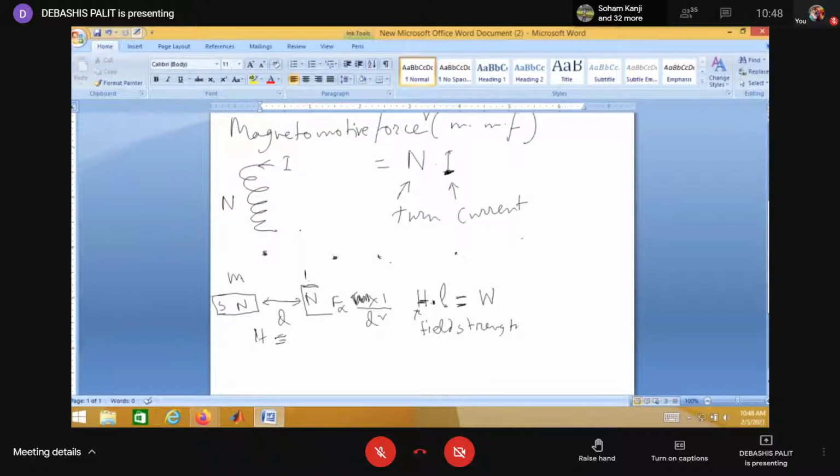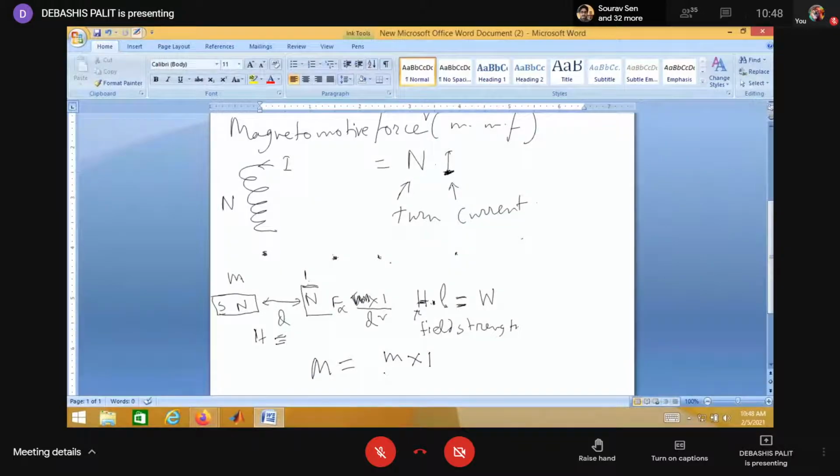So that magnetic potential, if there is a distance r, or d rather, then magnetic potential is proportional to m into 1 divided by r square, where 1 is the field strength of the unit north pole and m is the pole strength of the magnetic field.